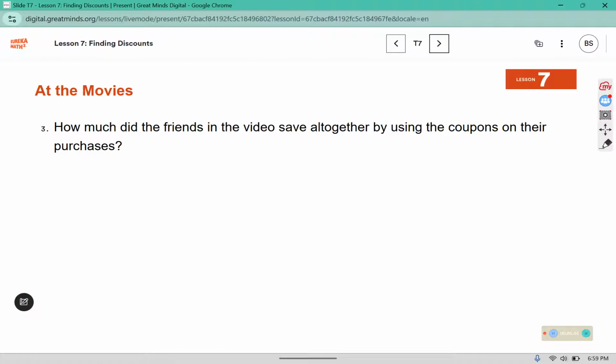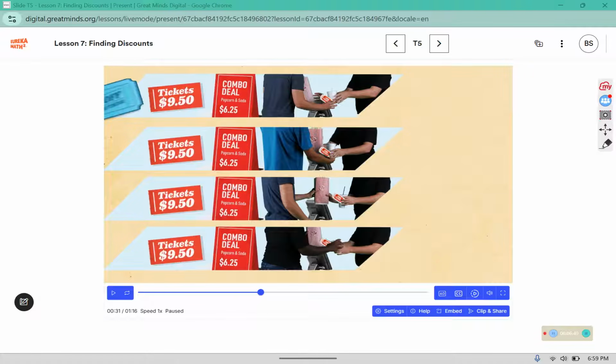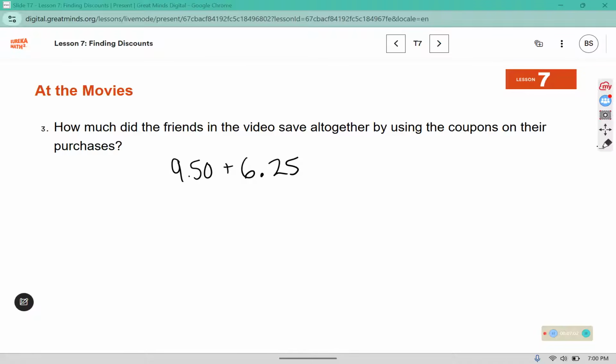How much did the friends in the video save altogether by using the coupons on their purchase? Well, their tickets were $9.50 each, and their popcorn and soda were $6.25 each, and there were 4 people who purchased those combinations. So each person bought $9.50 plus $6.25, but there were 4 people.